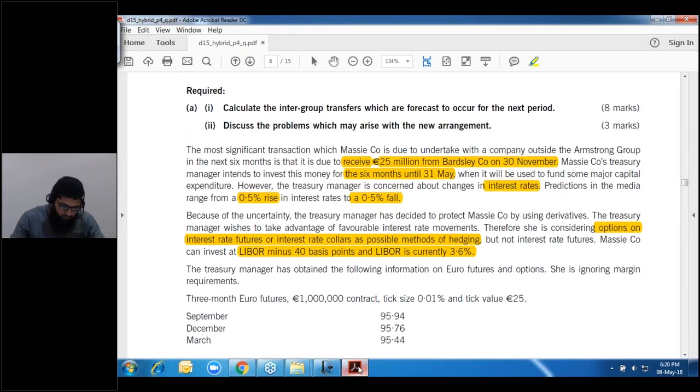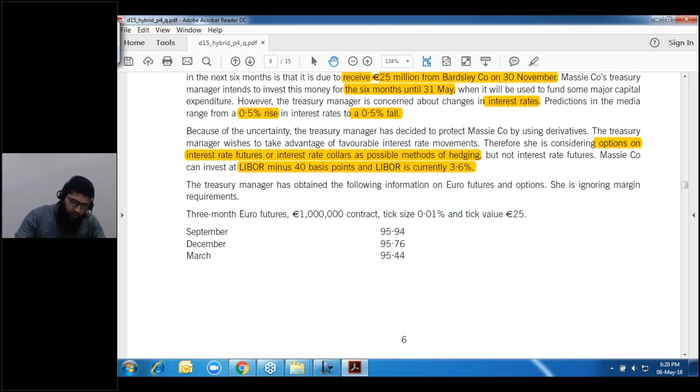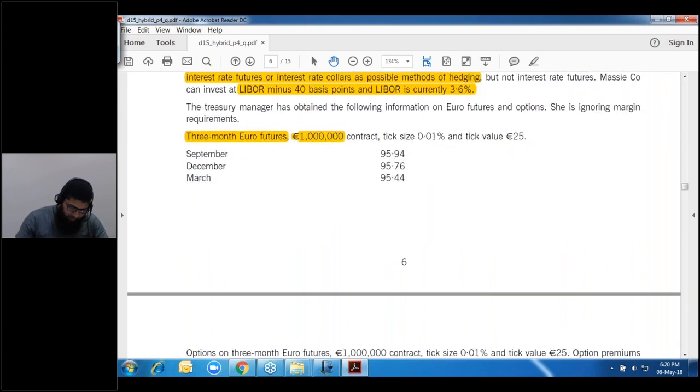Now what next? The treasury manager has obtained the following information on the euro futures and options. She is ignoring margin requirements. What exactly are the margin requirements? I'm going to explain to you in a while. It says 3-month euro futures with a contract size of 1 million, contract tick size, etc. are for the September, December, and the March.